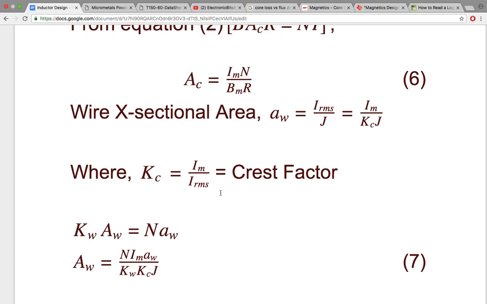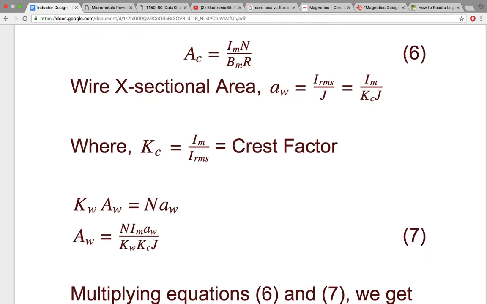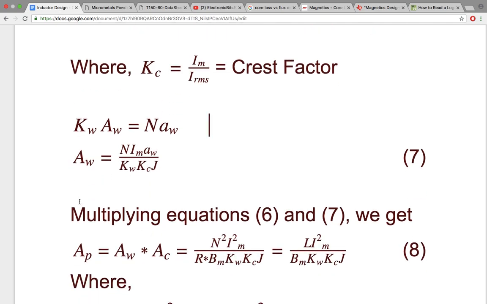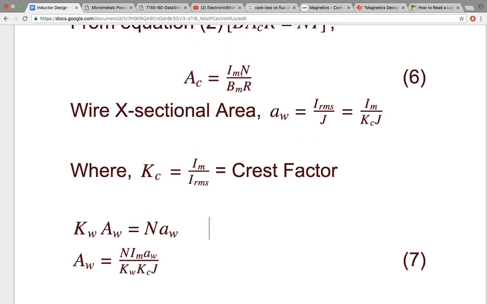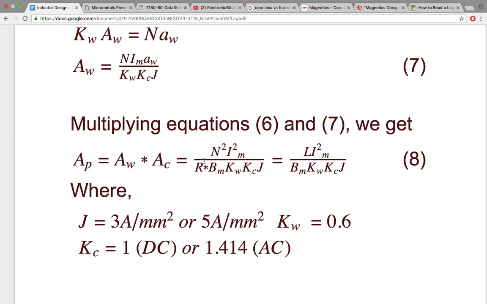After substituting the value of Aw here, we get the simplified expression for the window area. Now we know the window area expression and the cross sectional area expression. If we multiply them, we get the area product.